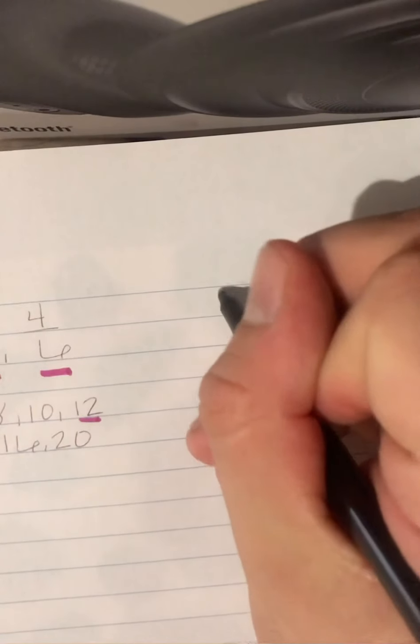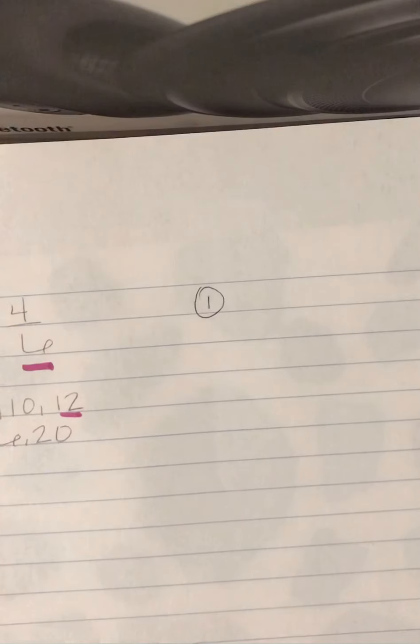So these are the steps to order from least to greatest or greatest to least. Remember, we're ordering fractions.